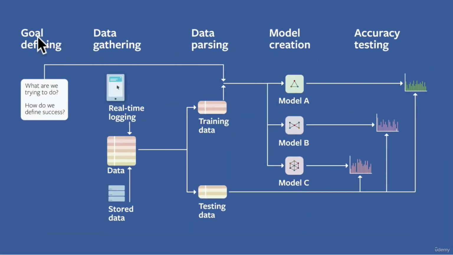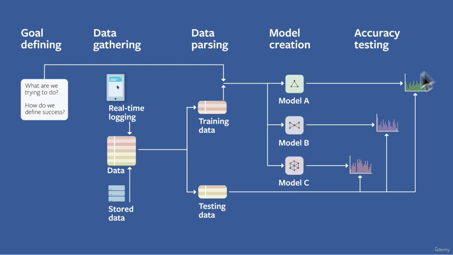We define their goals, that is, what do we want to accomplish? We gather the data. We parse the data, that is, we clean it, we split it into training data and testing data. We then do model creation and we experiment with different algorithms.